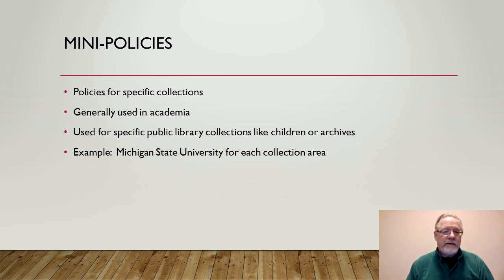Research Libraries Group, RLG, existed from the mid-70s to about 2006 when it merged with OCLC. But during that time, they created a process of categorizing to what level these sub-collections, or these mini policies, if you will, collected.